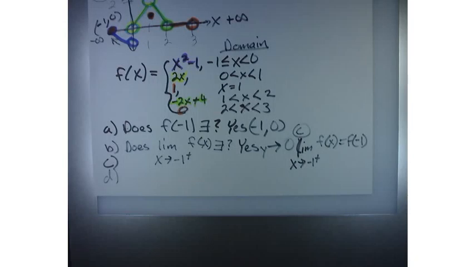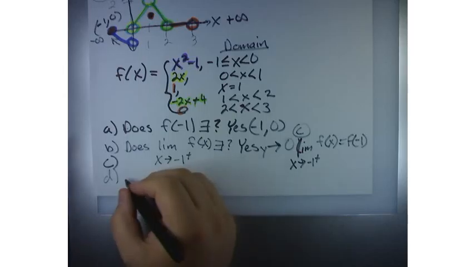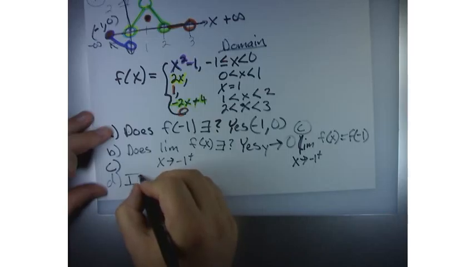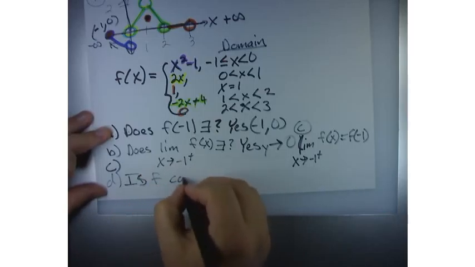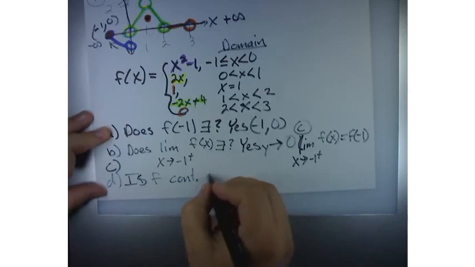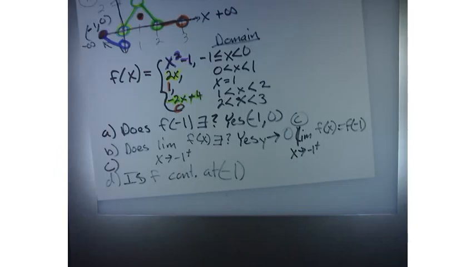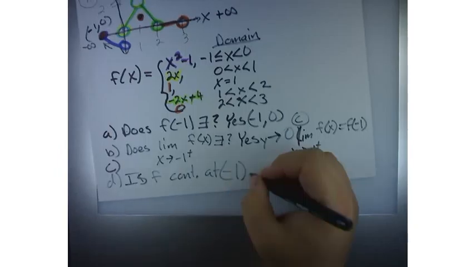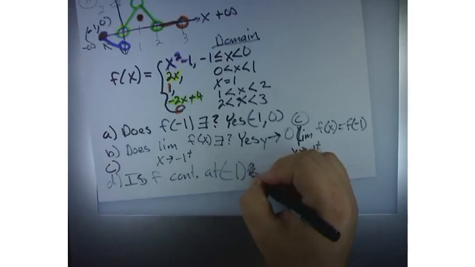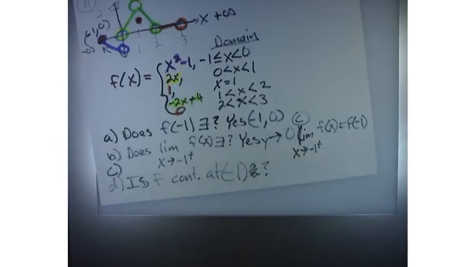So then part D says, is f continuous at negative 1? At x equals negative 1. Well, is it?